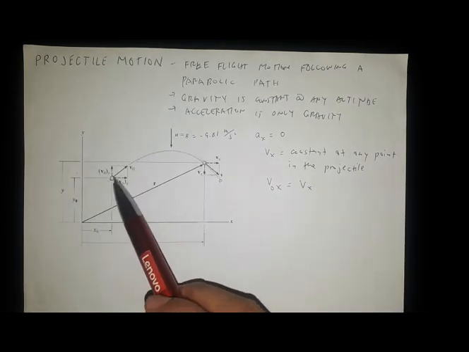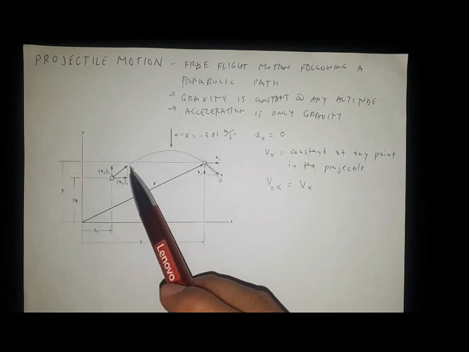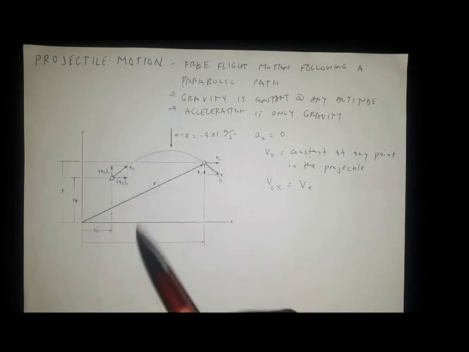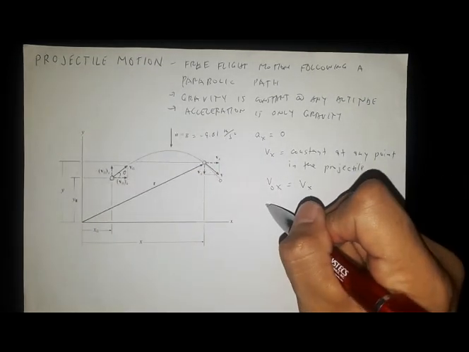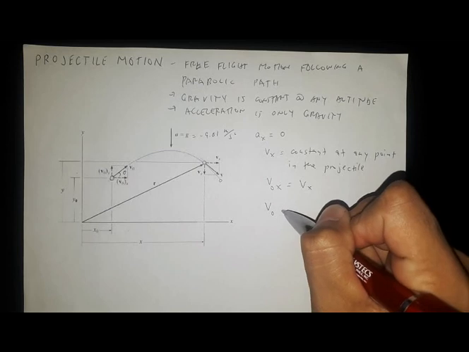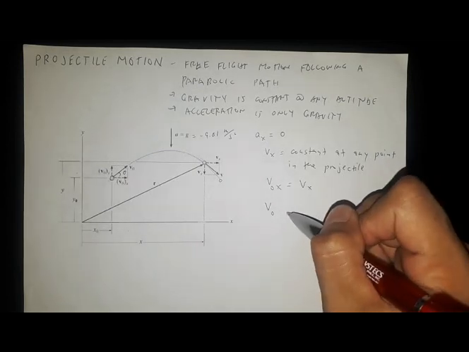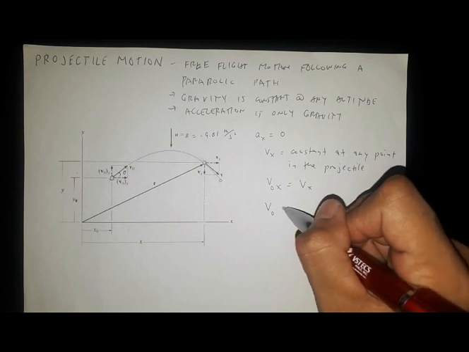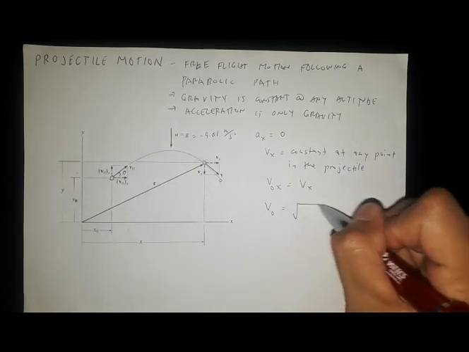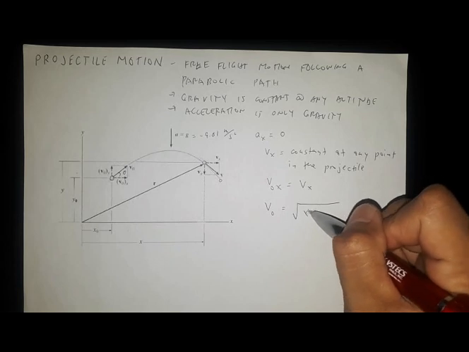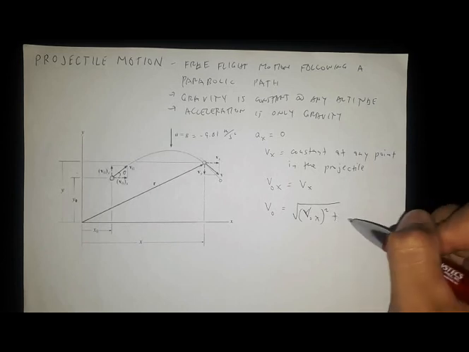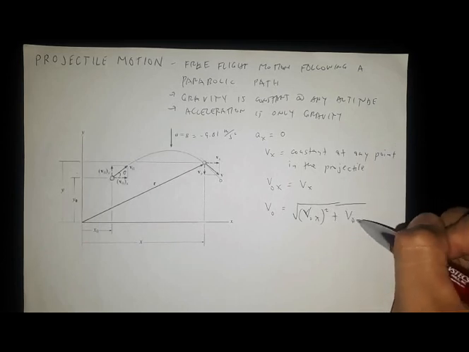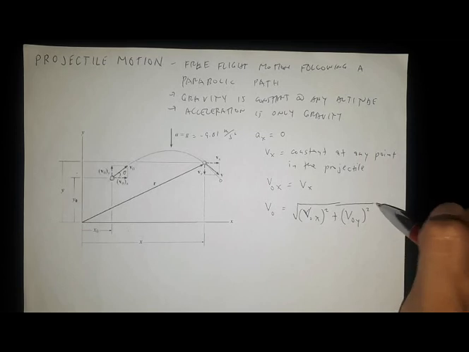So the velocity is fired at a certain angle theta. So your velocity Vo can be reduced into components, wherein Vo is the square root of Vox squared plus Voy squared.